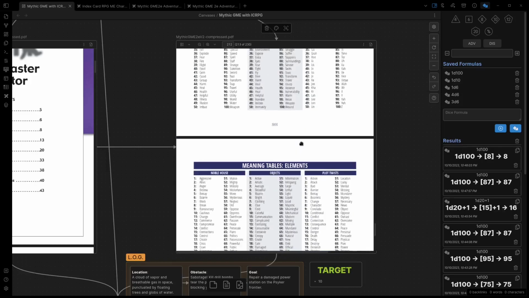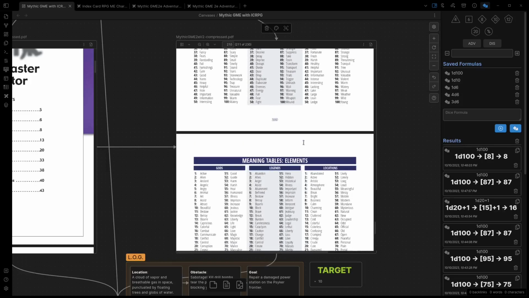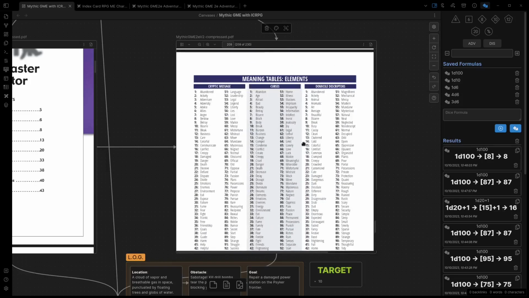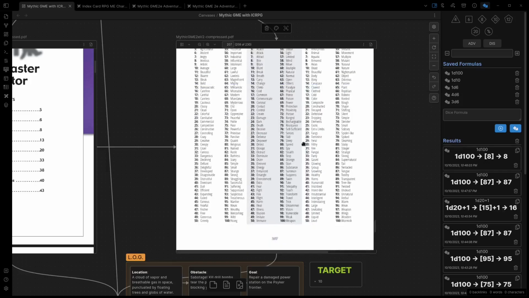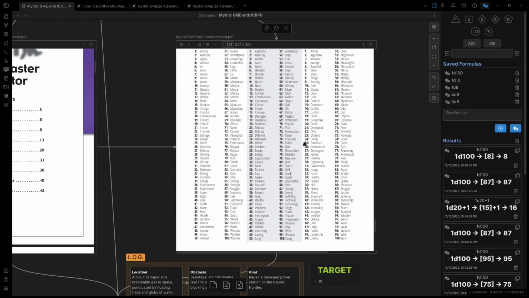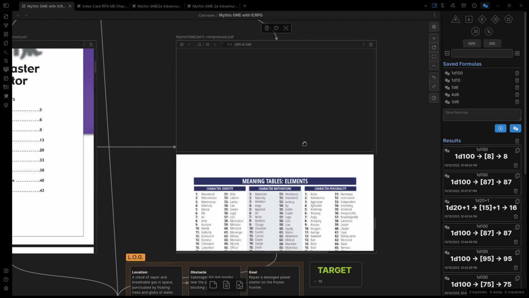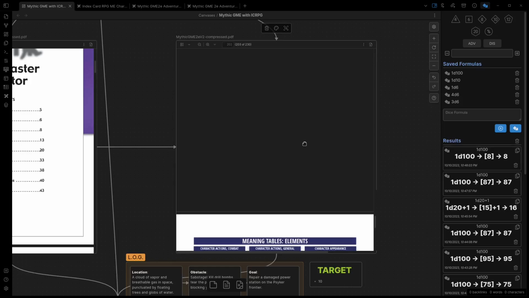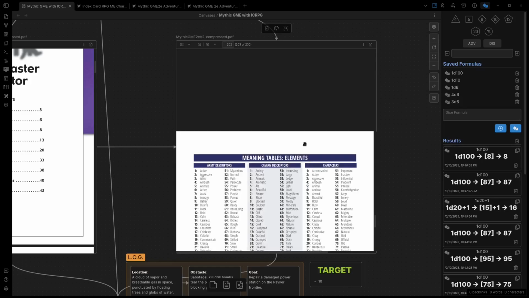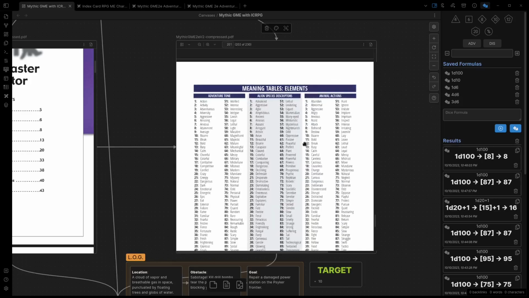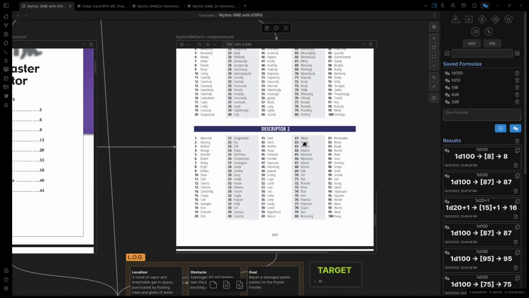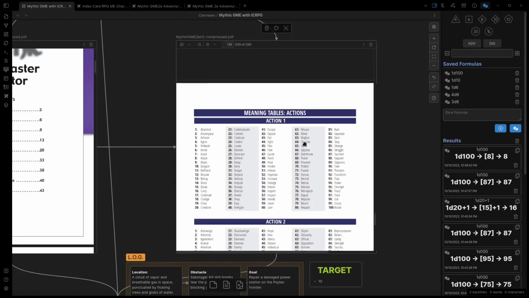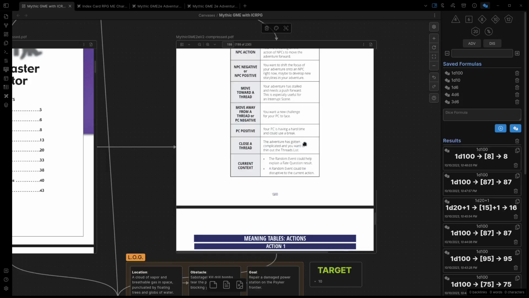Let's go back to the chaos factor. Chaos factor is 4. If I wasn't using Obsidian, this would scroll a lot faster. And if I was using the book, you just look at the book.